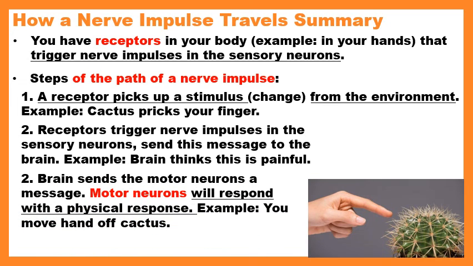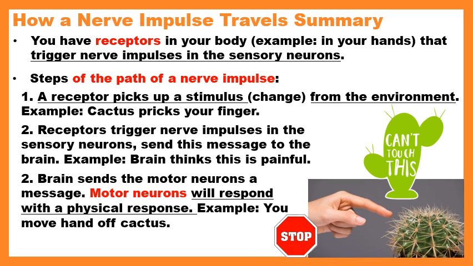And then your brain's going to tell your motor neurons to respond with a physical response. In this case, your brain's going to go, hey, move your hand away, dummy. So again, your receptors pick up a change in a stimulus. Your fingers get poked. Your sensory neurons say, ow, pain. Your brain says that's painful, that's not good, and it tells your motor neurons to take your hand away from this cactus. So please don't go around poking cactuses.